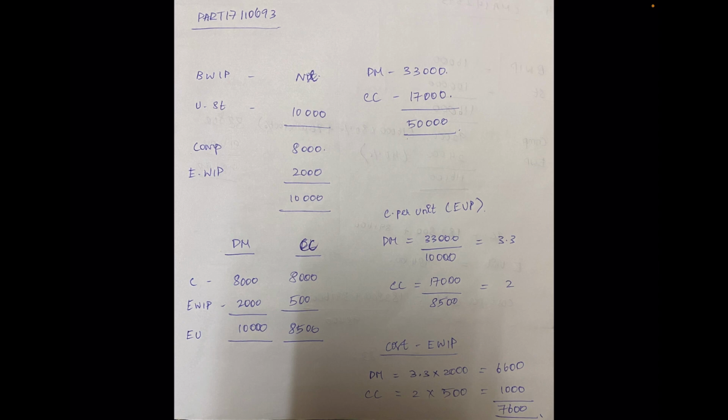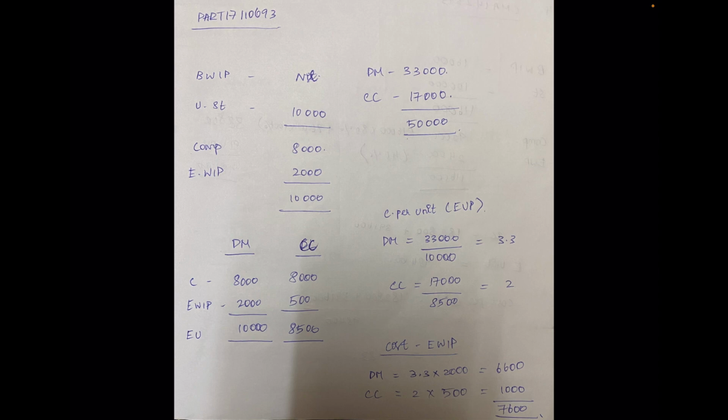Here are the equivalent units. Units completed for direct material is 8,000. Units completed for conversion cost is 8,000. Ending work in progress for direct material is 2,000.